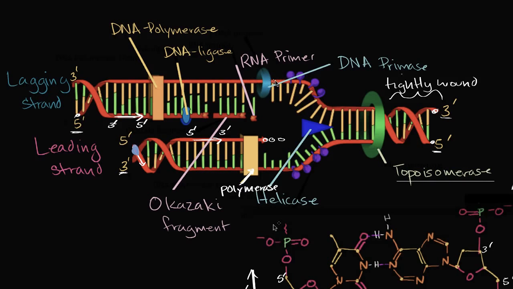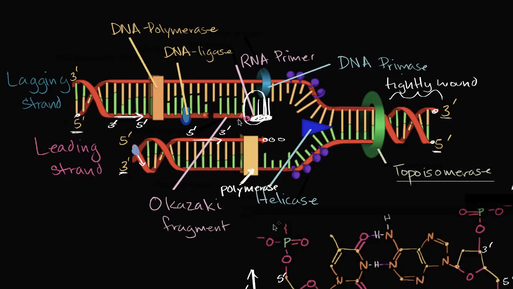So the DNA primase is going along the lagging side, you could say the top strand, and it's adding the RNA primer, which won't be just one nucleotide, it tends to be several of them. And then once you have that RNA primer, the polymerase can add in the 5' to 3' direction. It can add on the 3' end.